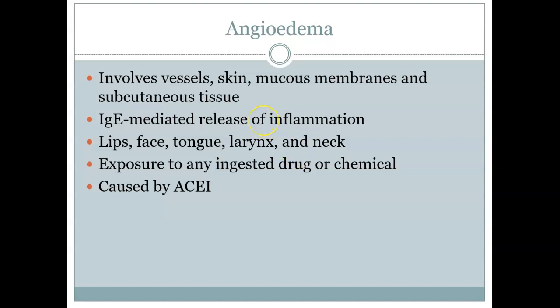The patient with angioedema has swelling of the lips, the face, the tongue, the larynx, the neck. It can happen to exposure to any ingested drug or chemical, and it can be caused by ACE inhibitors. So a person who starts out on an ACE inhibitor, we need to monitor them for angioedema.